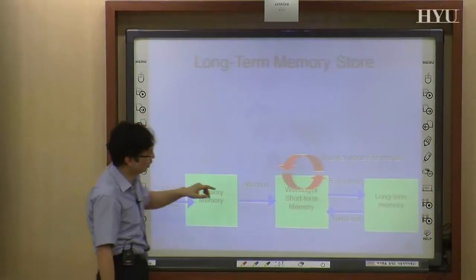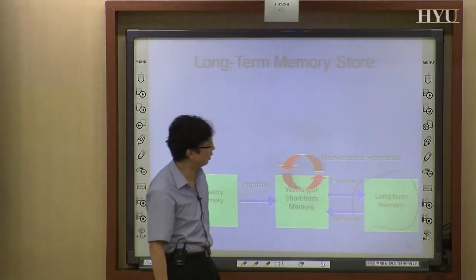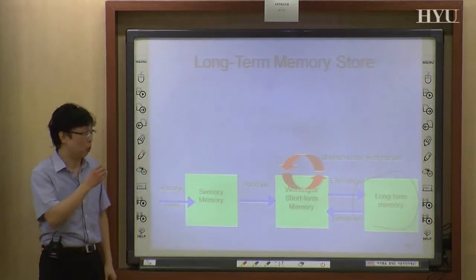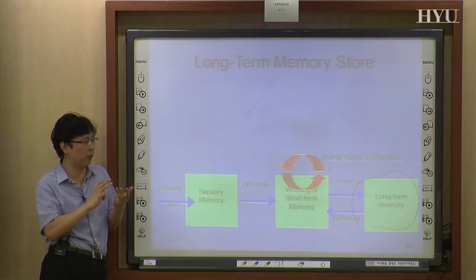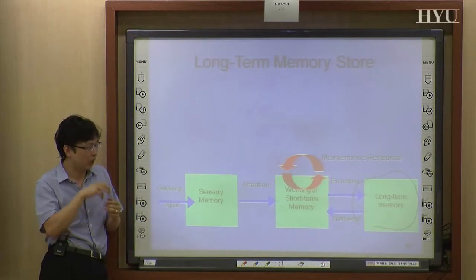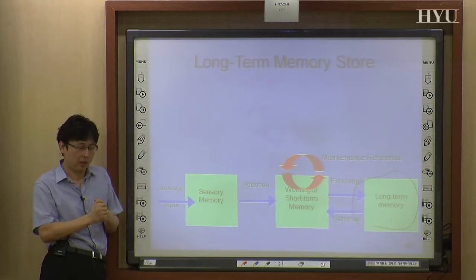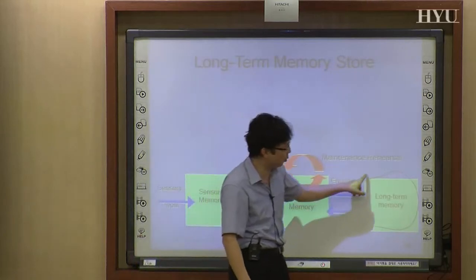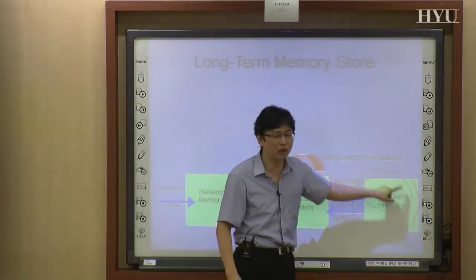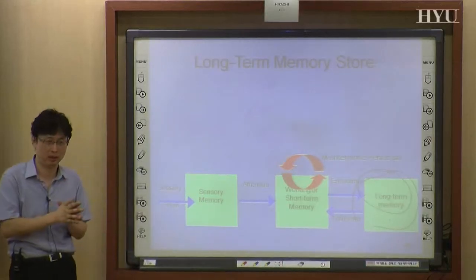Okay, the last one is this part, long-term memory. The problem is our textbook covers 3 chapters on long-term memory, linked to decision theory. Decision theory means how we can represent the information and how the information is stored in long-term memory.